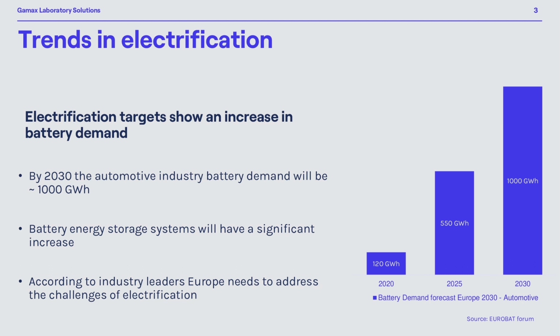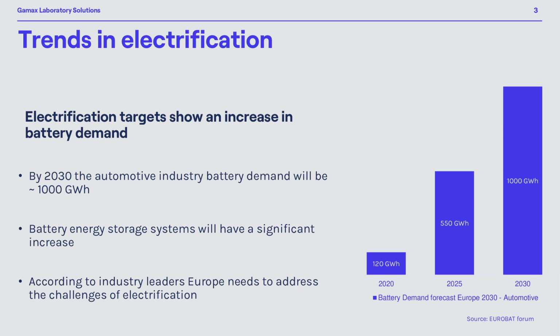And according to industry leaders in Europe, we not only see development, but we also see challenges that we need to focus on if we want to reach our success criteria in electrification. And speaking of the success criteria, we see three main ones that we need to take into consideration.